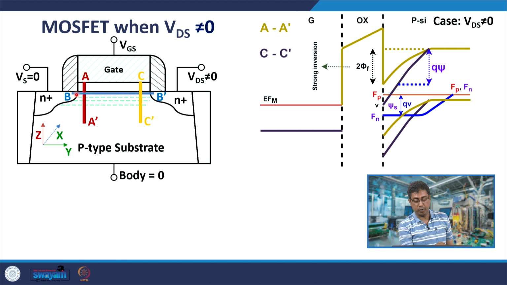Suppose initially you are in the quasi-equilibrium condition where VDS was 0. Now you increase the value of VDS. In the channel at the edge of the source, the potential would remain the same as what it was in the equilibrium condition.